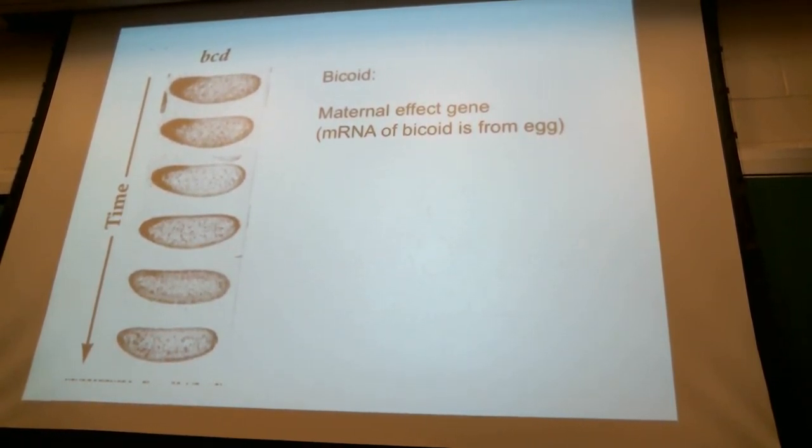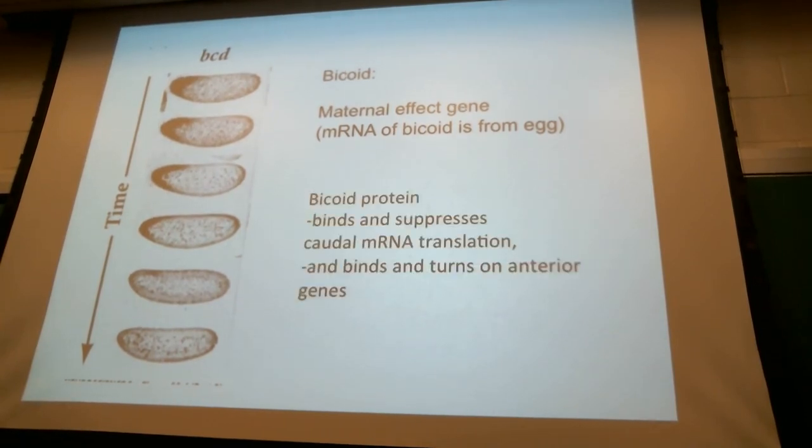What it does is 2 things. One thing bicoid does is suppress caudal messenger RNA translation. Another thing is induce anterior gene expression. So 2 things. And that way, you get this gradient, and as the gradient changes, different genes will be expressed.